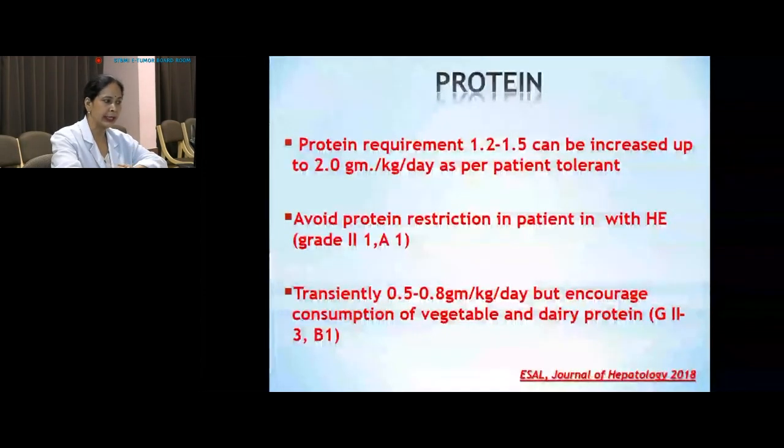So chances of aspiration are more, and protein takes a lot of time to digest. So transiently 0.5 to 0.8 gram per kg per day can be encouraged until the paralytic ileus comes to the normal stage only. Otherwise, there is no need to restrict the protein even in grade 1, 2, 3 HE.